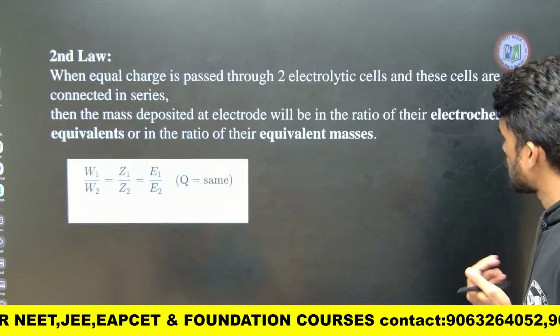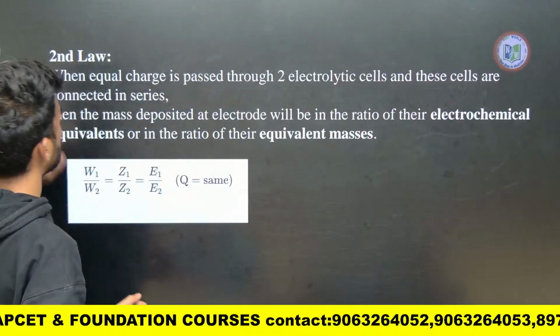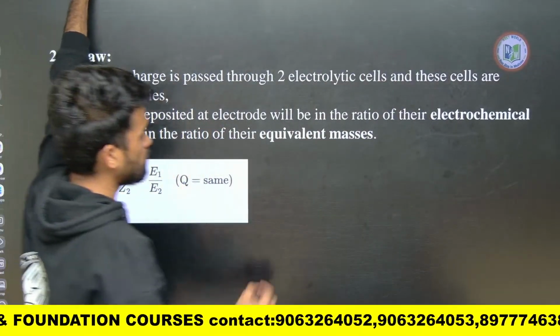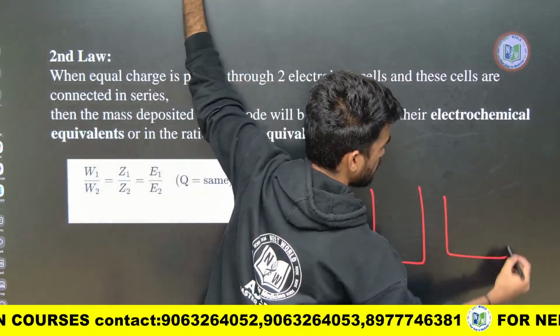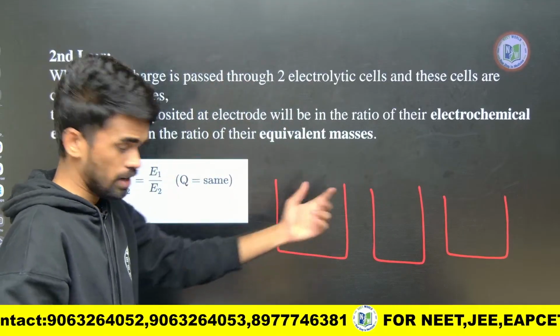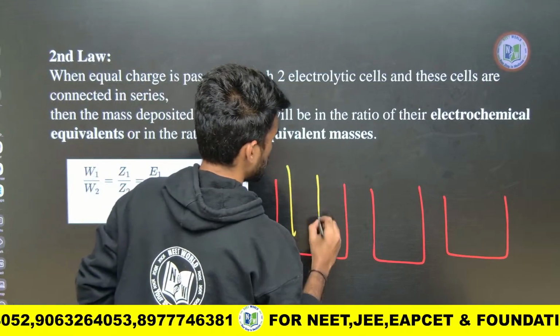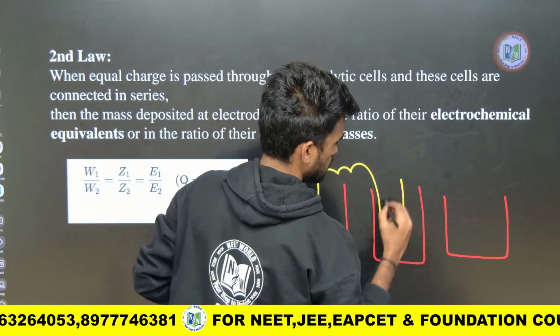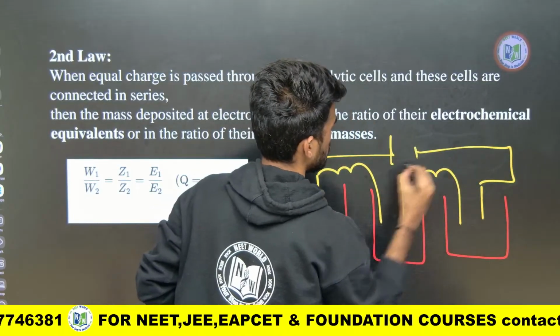Next, what about Faraday's second law? This says that whenever we have electrolytic solutions, two or more than two cells connected in series, let us say they are connected like this in series connection.